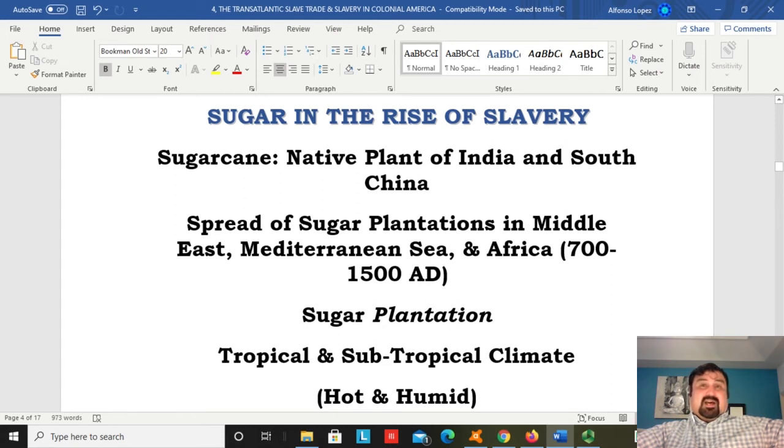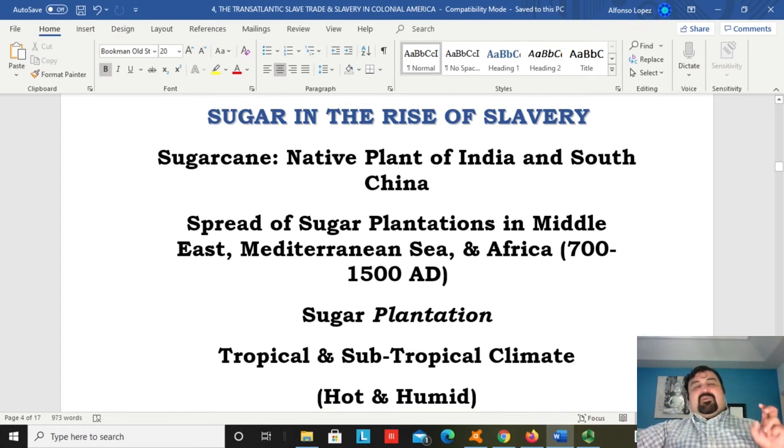By the 1500s and 1600s, it will become the number one mass consumer product worldwide. This has not always been so, because sugarcane for thousands of years was only known to a specific region of the world, whereas the rest of the human population didn't even know of the existence of sugar, not until the 700s and 800s AD of the contemporary era.